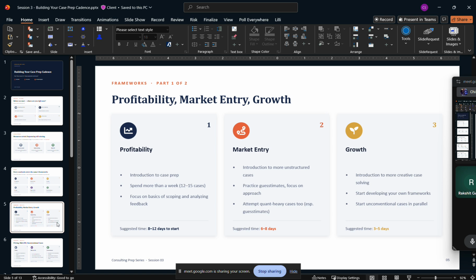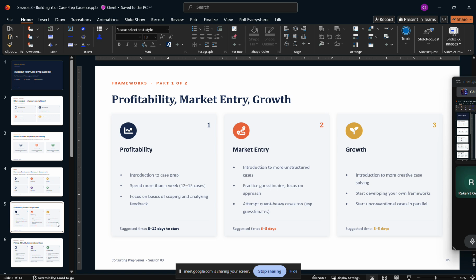This is your entry point to start building a structure, to start asking the right questions, to start getting your scoping, your note making, your interview prep. So you have to spend the maximum amount of your time on profitability. It might feel easy, it might feel basic, it might feel intuitive, which is good, but you need to spend time here to build your muscle.